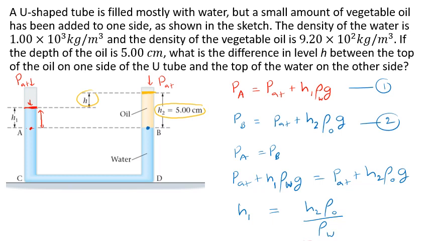So the height H1 equals the height H2 multiplied by rho oil divided by rho water. All these quantities are known, so you can substitute them and look for the solution. I will work on the rest of the problem on the next slide.